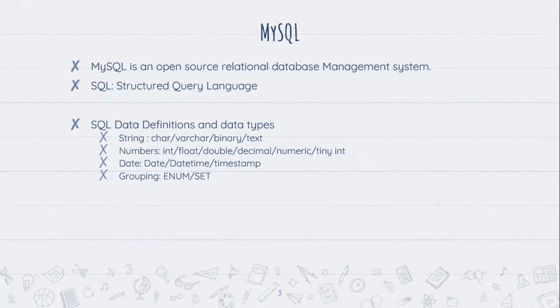The last one: if you have some data as a grouping, like male and female, if you want to add that kind of data into your database, you have to use enum or set. I will explain those things later. Right, these are the data types we can use in MySQL.